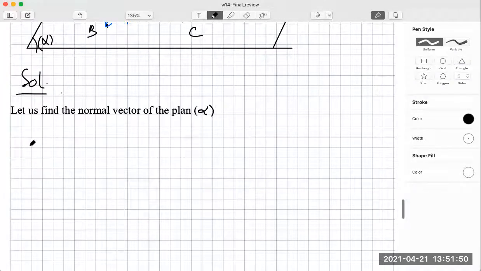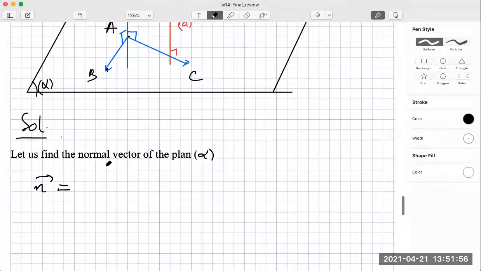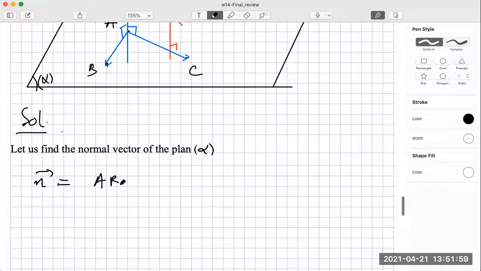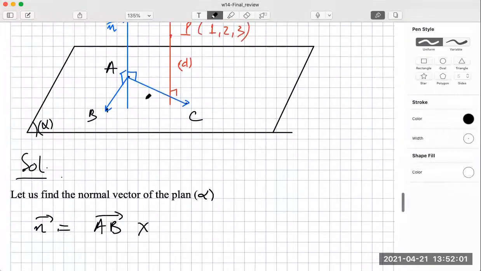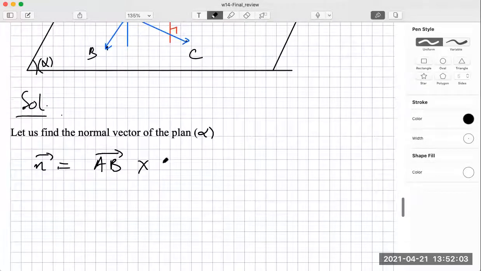And n, vector n here, from properties, we know that it should be the vector AB cross the vector AC, right?